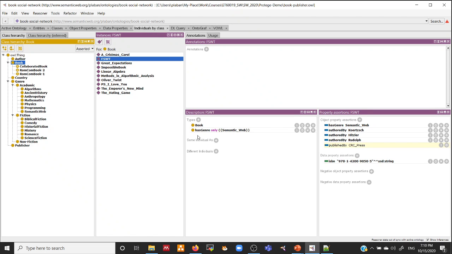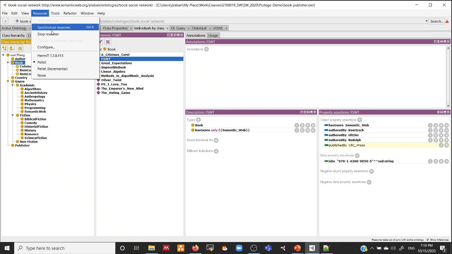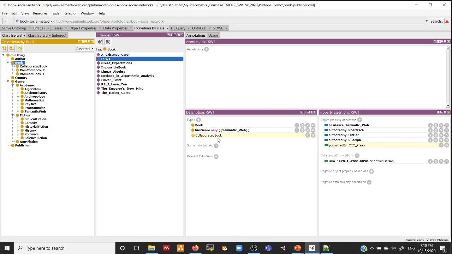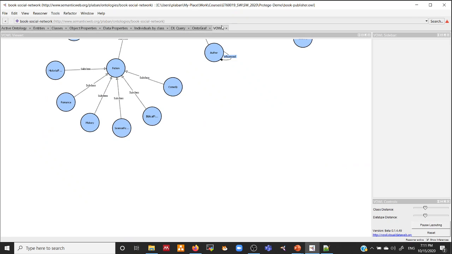In the earlier case it was not coming under collaborated book. Now if you synchronize the reasoner, you can see that it is coming back under collaborated book. So we have demonstrated the min cardinality. Now let us get to the other case, which is max cardinality.